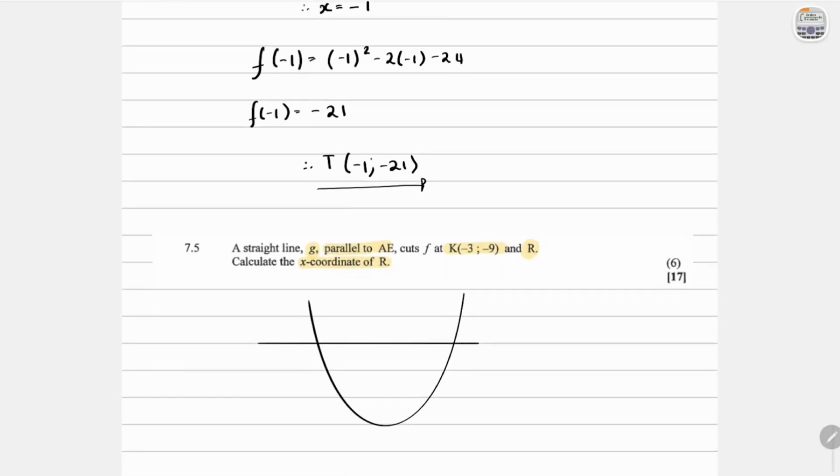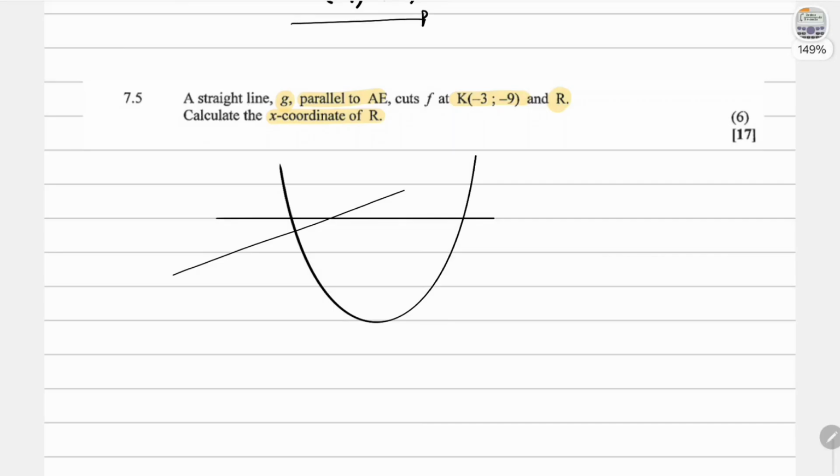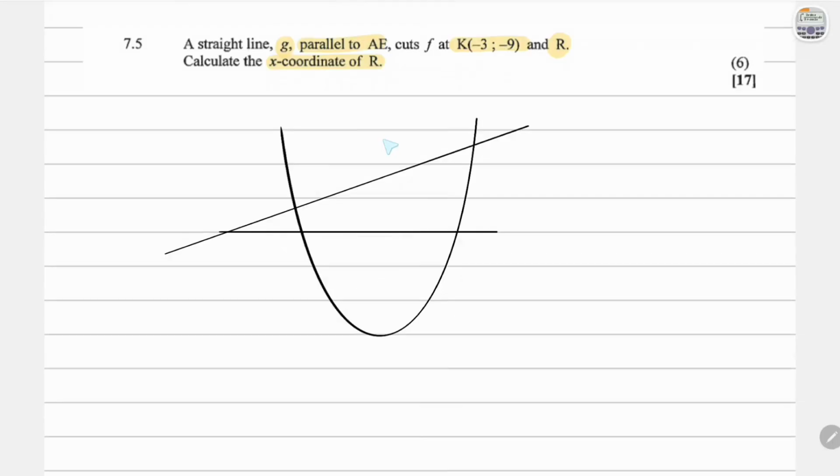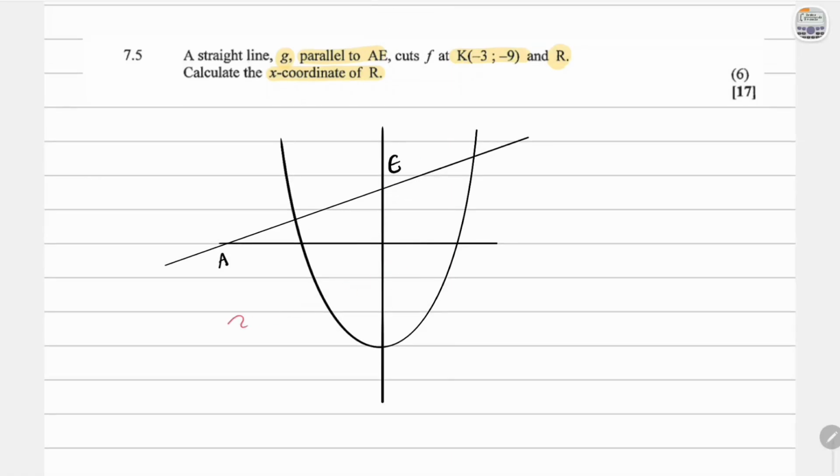When we look at it like this, if we have AE going like that, A was on the x-axis while E was on the y-axis. So this line is parallel to AE.